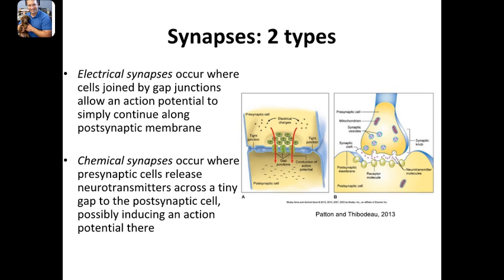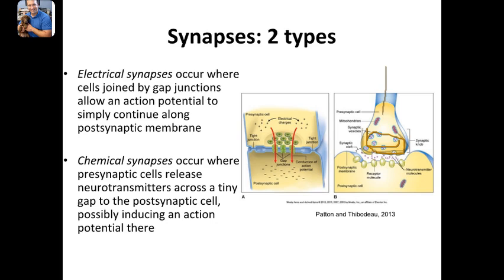Then we've got the chemical synapse, which is what we are talking about mostly in this lecture. When a nerve gets to the end, the action potential fires down. It gets to something called the synaptic bulb. And you can see that this structure right here is kind of a swollen area. And within that synaptic bulb, you've got some different structures.